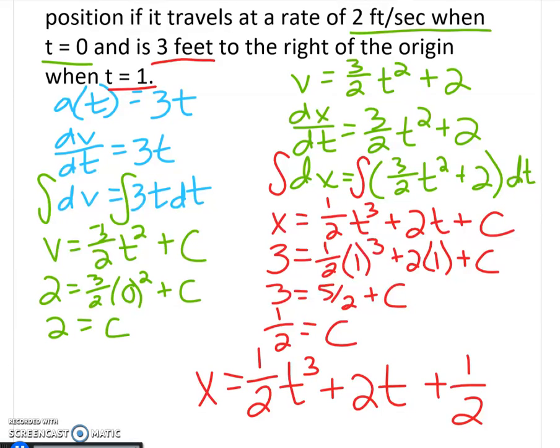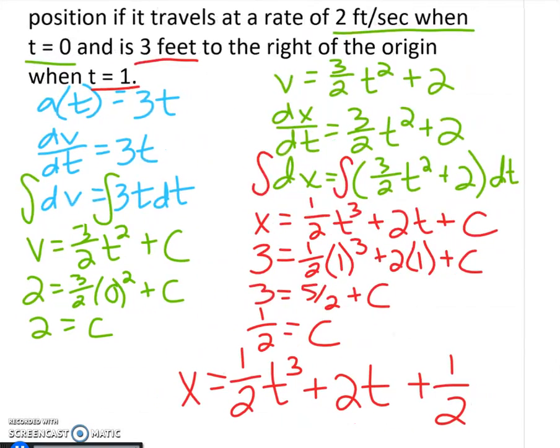So I have my velocity function, which I then rewrote as a differential equation in terms of x for my position function, separated my variables, integrated, used the information underlined in red at the top, solved for that c, and it gave me my final position function here. And that wraps up separation of variables.